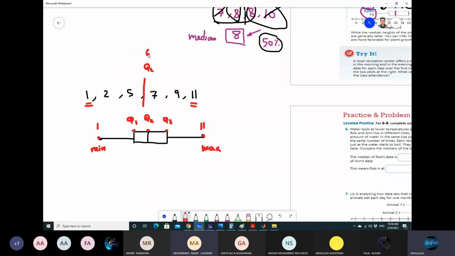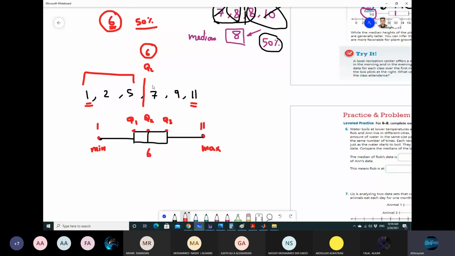We have 6 data values here: 1, 2, 3, 4, 5, 6. 50% of the data values are less than what? Less than 6, which is correct. We have 3 values less than 6, so 50% of the data values are less than 6. Do you understand it?